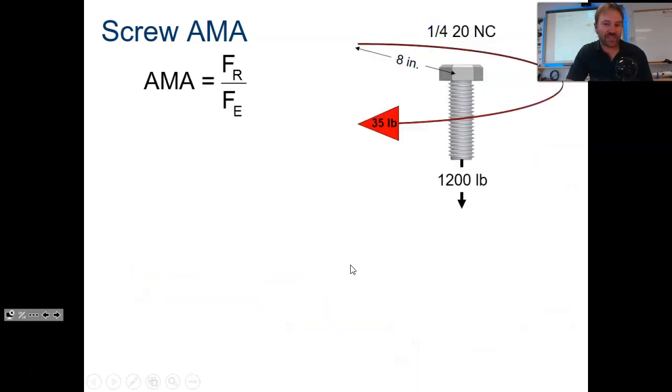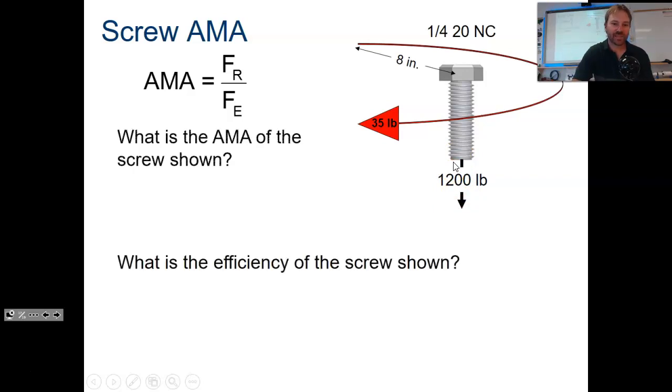And now they actually give you some forces. You're exerting a force of 35 pounds on the wrench, but then this exerts a clamping force of 1,200. So we can find the actual mechanical advantage, the force of resistance over the force that I'm exerting.